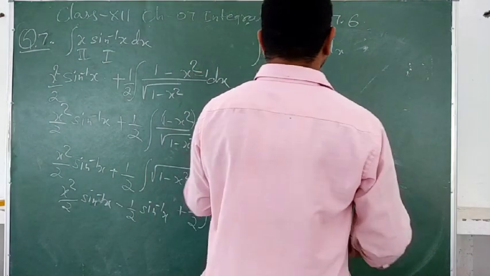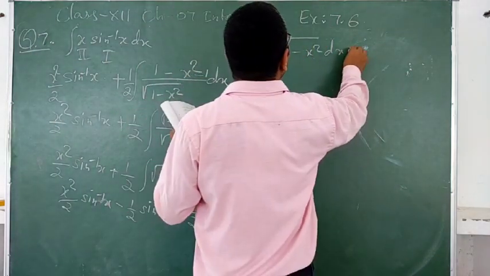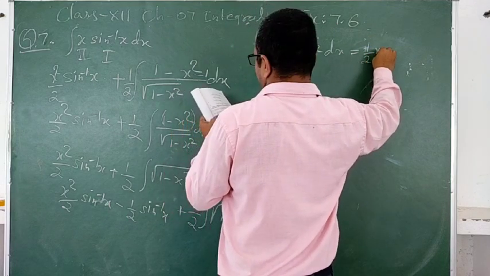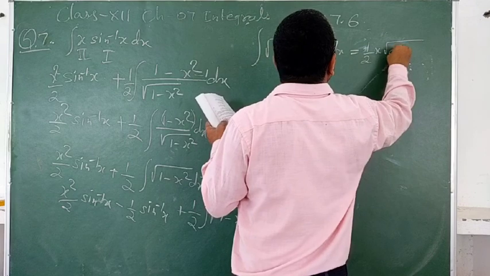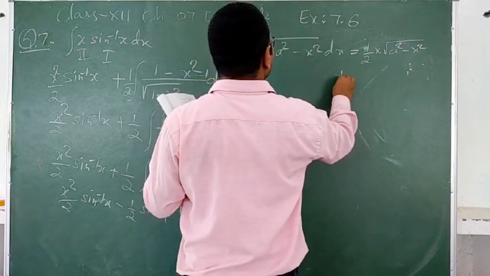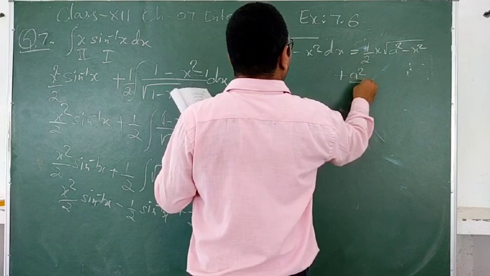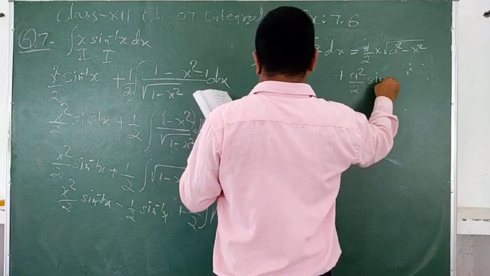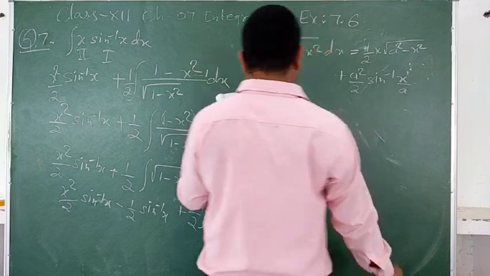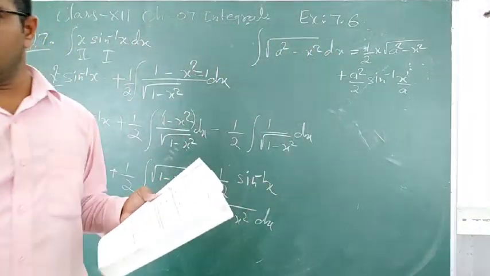So it is written here 1 by 2 x root a square minus x square plus a square by 2 sin inverse x by a. This much is the formula, and plus c, this one is given here.